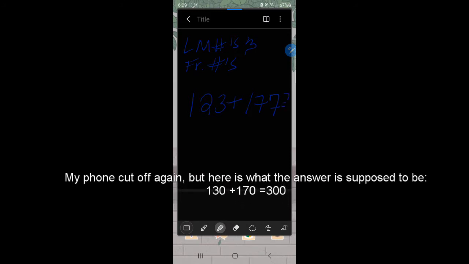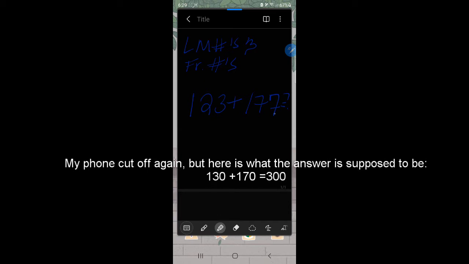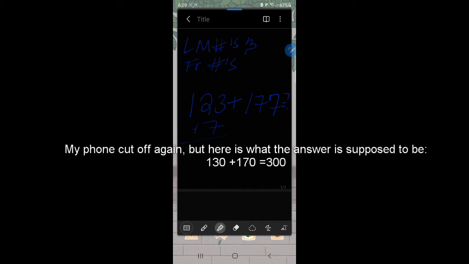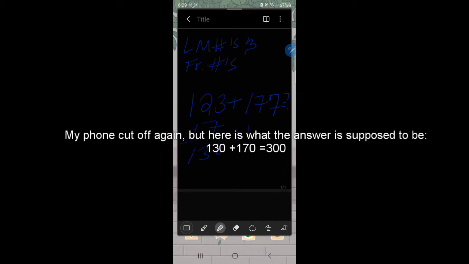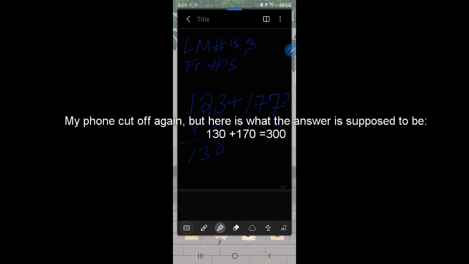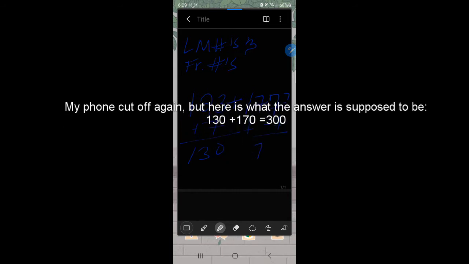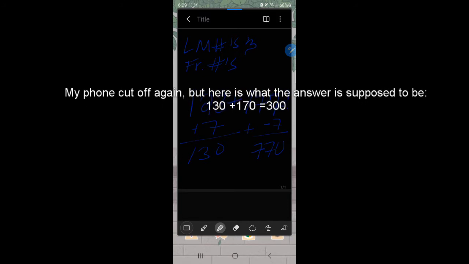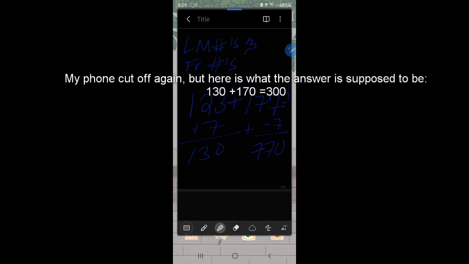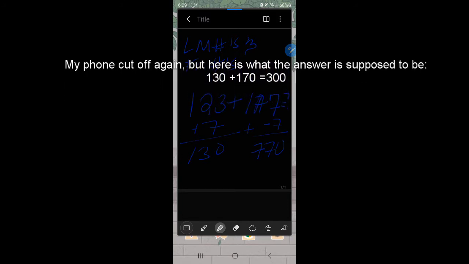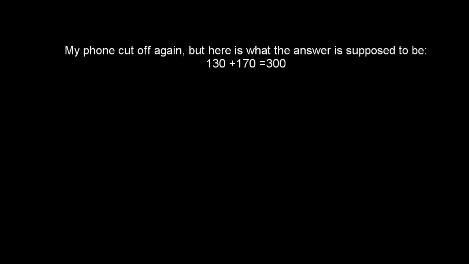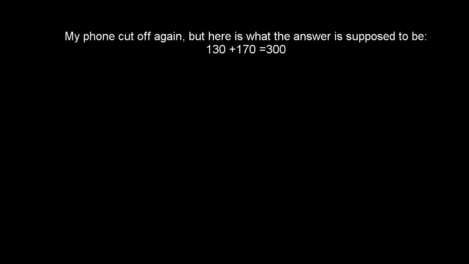We can quickly see that if I add 7 here, I'm going to get 130. And if I subtract 7 here, I'm going to get 170. Sorry. Anyway, if we add these two together now, we get 300, and that is the answer.